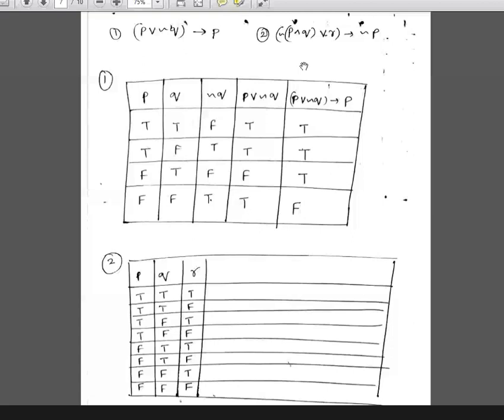So I will call by name. For FTF, yes, this one is right. Yes, FTFF and all remaining are true.